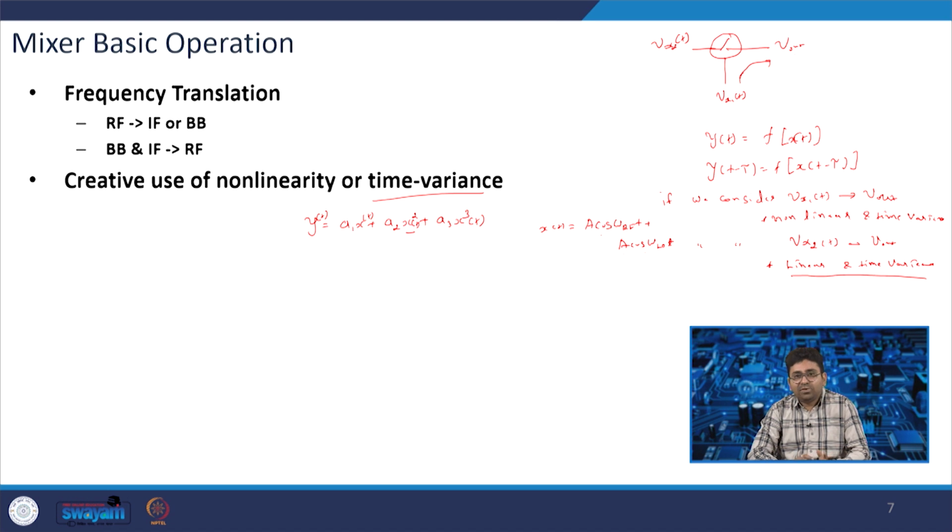If you filter it, you will get the desired omega RF minus omega LO or omega RF plus omega LO.